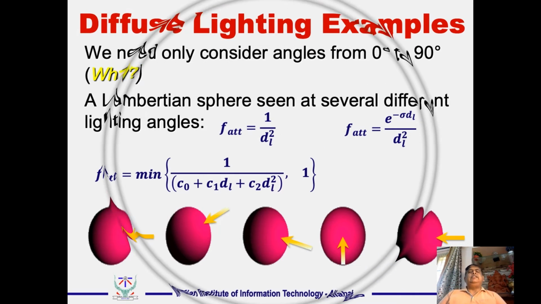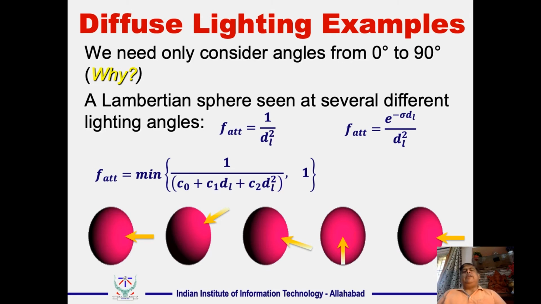I can take from plus 90 to minus 90, but the terms from 0 to minus 90 are similar to those from 0 to 90, the cosine function being symmetric over this area. So it is sufficient to take the angle between 0 and 90 degrees. A Lambertian surface seen at several different lighting angles is shown below.